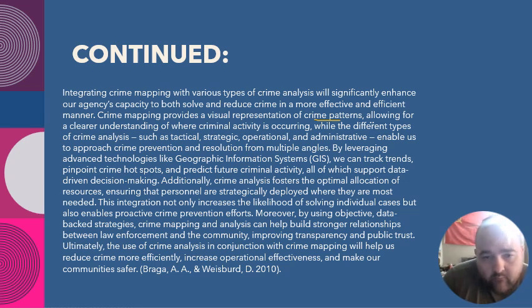While the different types of crime analysis, such as the ones we mentioned before, tactical, strategic, operational, also known as intelligence, and administrative, enable us to approach crime prevention and resolution from multiple angles. By leveraging advanced technologies like GIS, we can track trends, pinpoint the crime hotspots, as we mentioned, and predict future criminal activity.